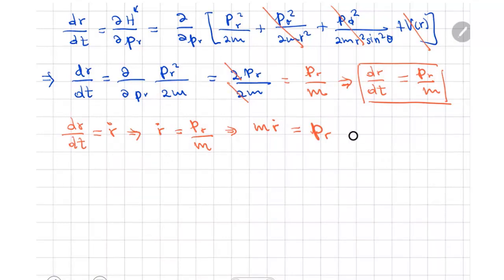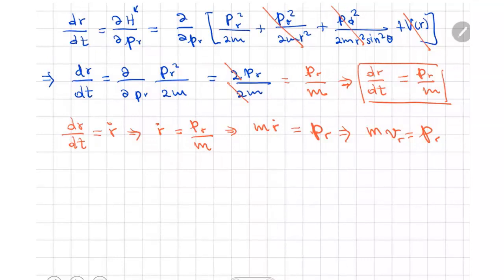Basically, this equation is like p equals m v, the conventional equation for linear momenta. So we can see here that the coordinate r is changing with respect to time.